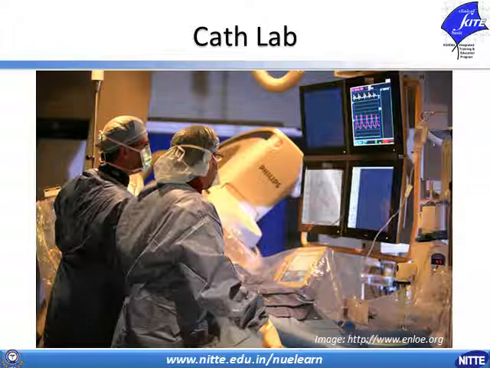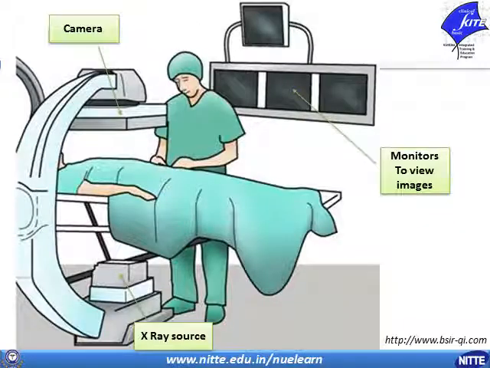This procedure is done in a specialized laboratory referred to as the cath lab. The cath lab is equipped with a surgical table on which the patient can be positioned. It has an X-ray source and, diametrically opposite to it, a camera capable of capturing X-ray images at a high capture rate.